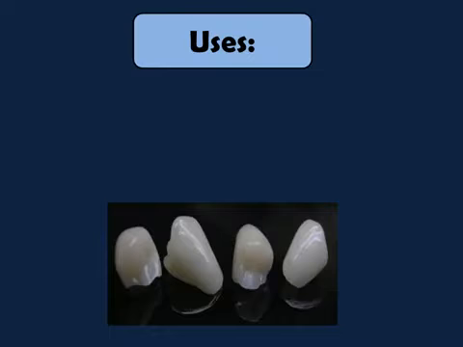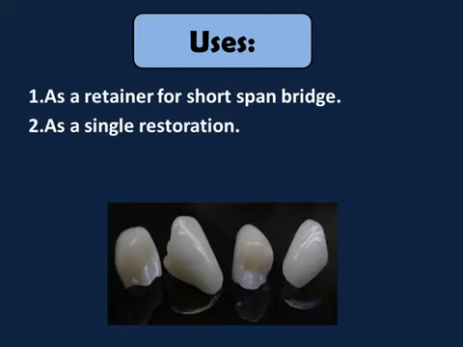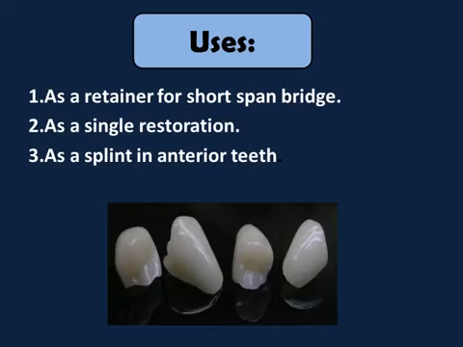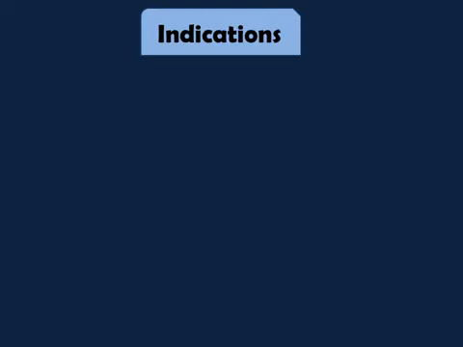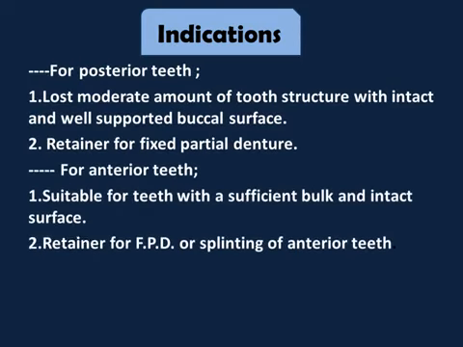The uses of the partial veneer crown will be, first, as a retainer for a short span bridge, second, as a single restoration, third, as a splint in anterior teeth. The indication of the partial crown for the posterior and the anterior teeth will be when I have a sufficient bulk of tooth structure and an intact, well-supported buccal surface.